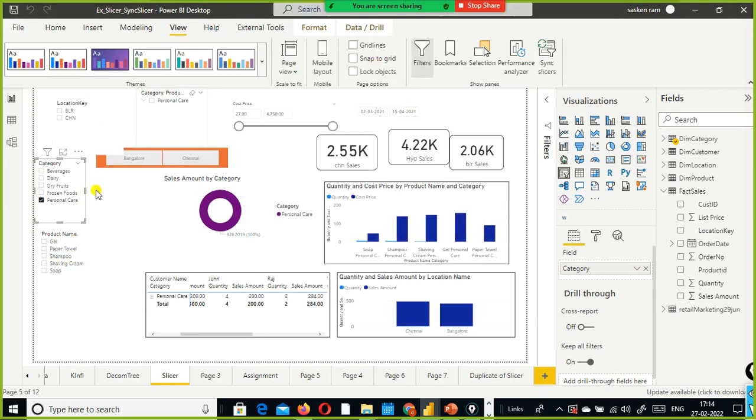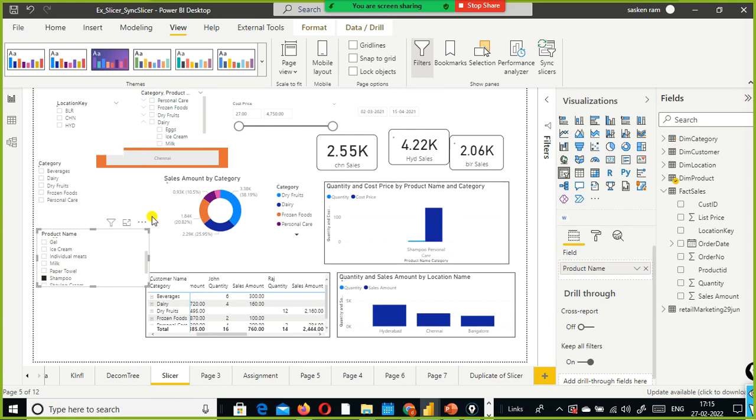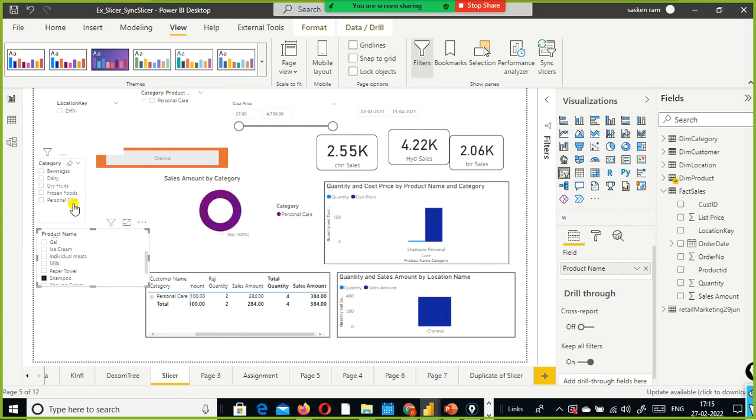So now I changed the cross filter direction back to single, from category to product dimension. If I select shampoo, it should show personal care. If I select shampoo here, it is not getting filtered.